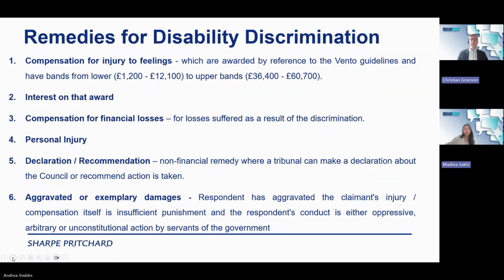So the heads of remedy that would be available include compensation for injury to feelings. So as most people on this call will know, there's 3 bands, lower, middle, and upper. It's very rare for me to see an award which is in the lower band, because a lower band award is effectively for a one-off minor act.